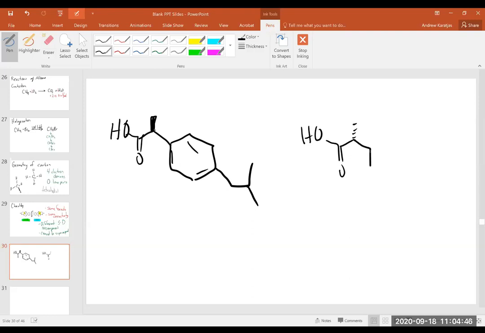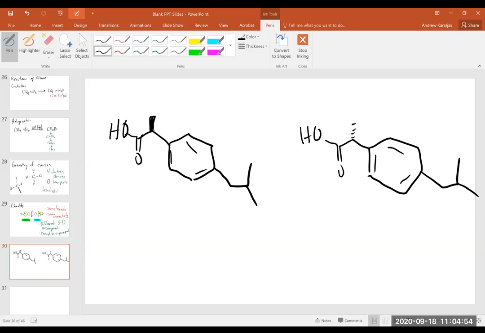And we can make another form of ibuprofen where the only thing we change is the direction that this methyl group is pointing. It's either pointing forward or it's pointing away from us. Again, we could build models of them, and we would find that we can't superimpose these two models on each other.